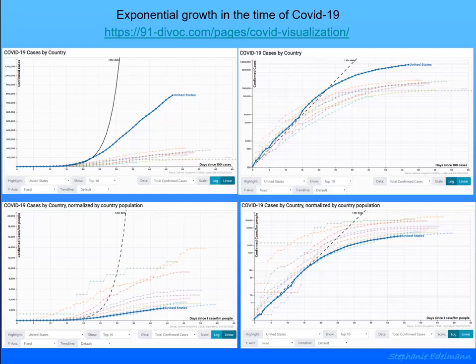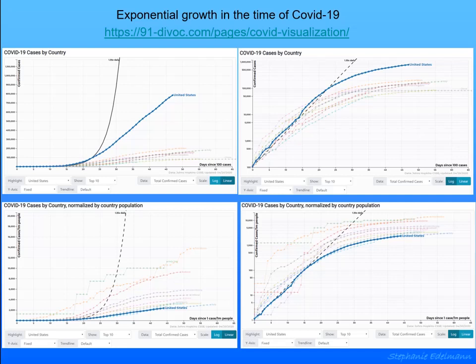When you look at the one on the right, and this is absolutely 100% the same data, you realize that the first part, where it looks like there were really no cases until about day 20, is actually where the exponential growth was happening, because that's where you have the almost straight line on the semi-log paper.